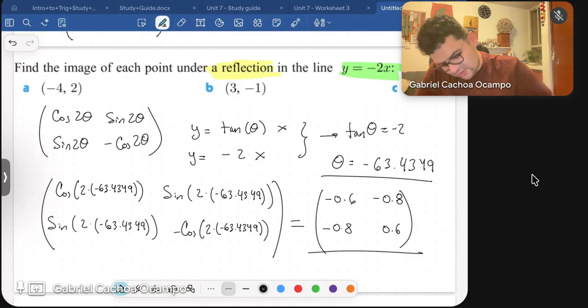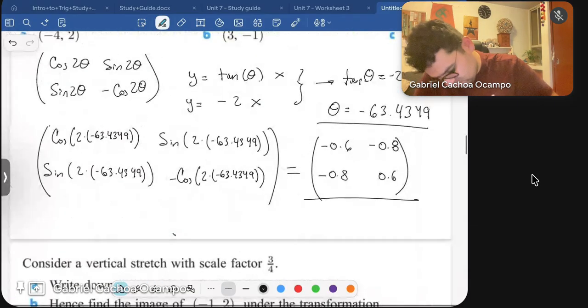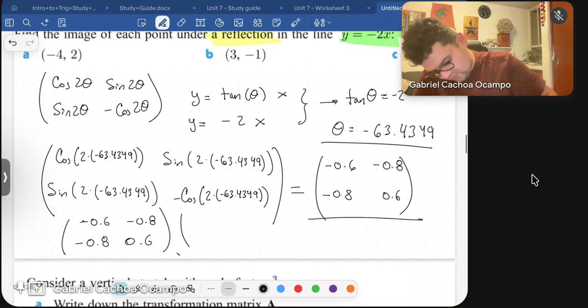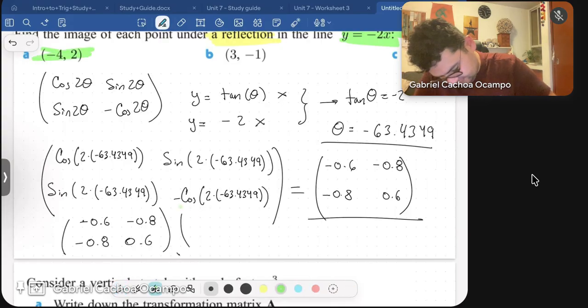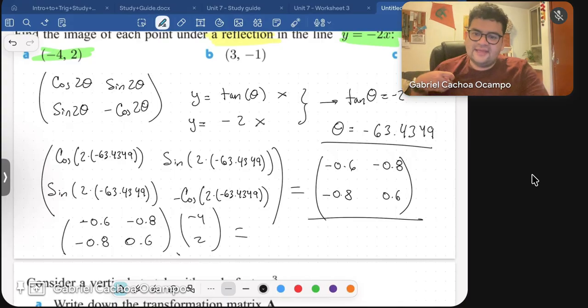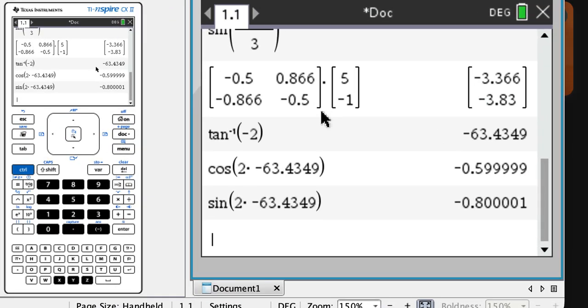To evaluate this point, it would only mean that I do the multiplication: negative 0.6, negative 0.8, negative 0.8, 0.6 times, for example, in this case, the vector negative 4, comma 2, because I always do it with a column vector, so I'm just going to put it here.